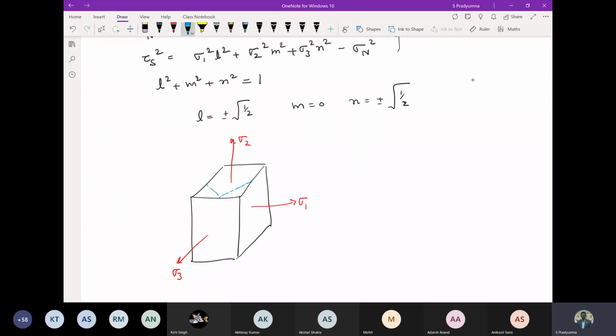So that means I should take this particular plane. Okay, so this is the plane I am talking about, or this is the orientation of the element I am considering. So on this plane I get the shear stress maximum. So that means I can just write that particular element.